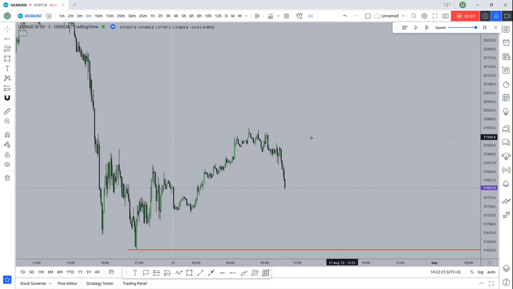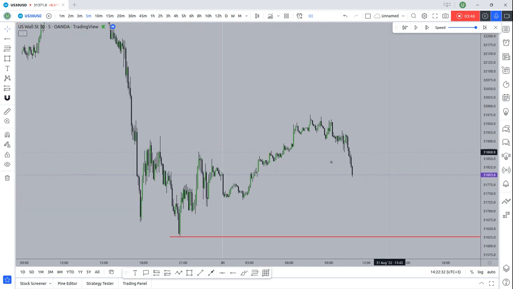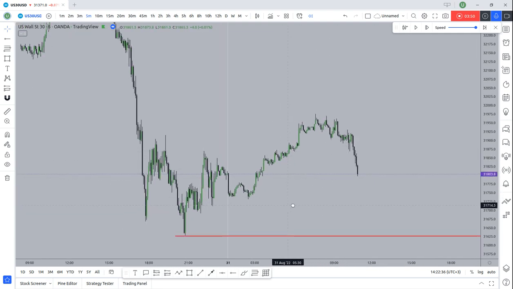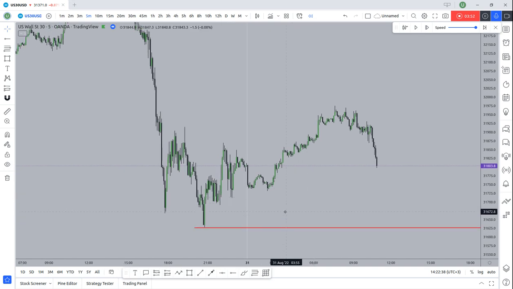So London session opened right here on this bearish candle. And then I noticed something. As the name of my model says, algo footprint concept.